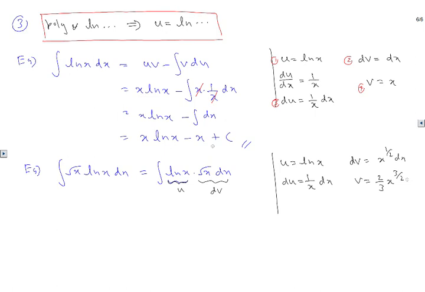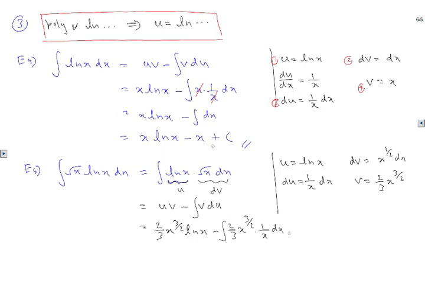We have everything we need, so we plug in uv minus the integral of v du. uv, the product, is 2/3 x to the 3/2 ln x, minus v, 2/3 x to the 3/2, times du, 1 over x dx.